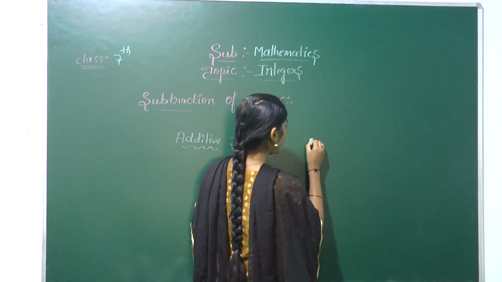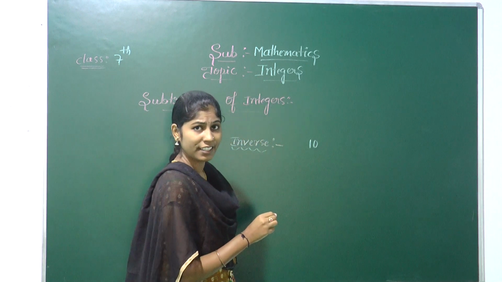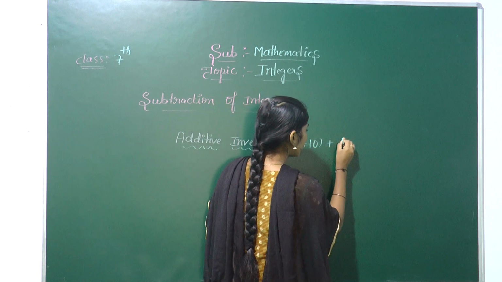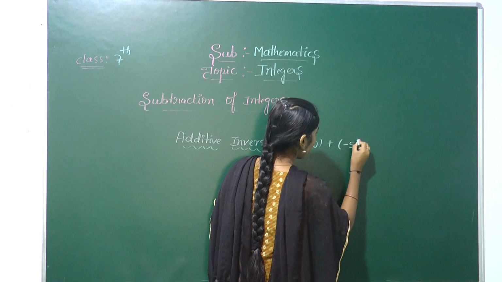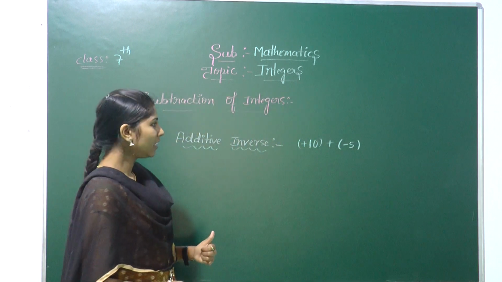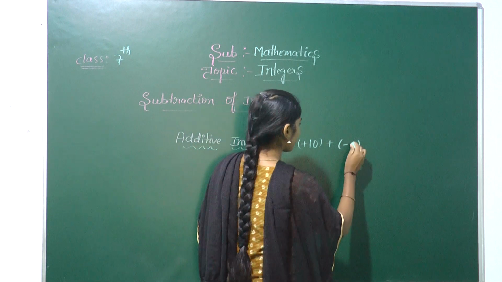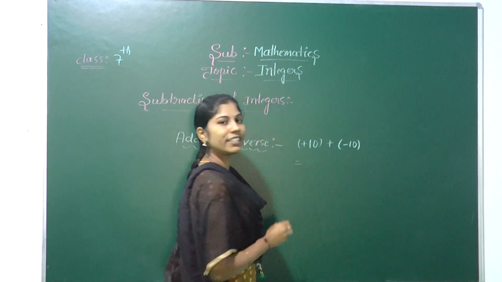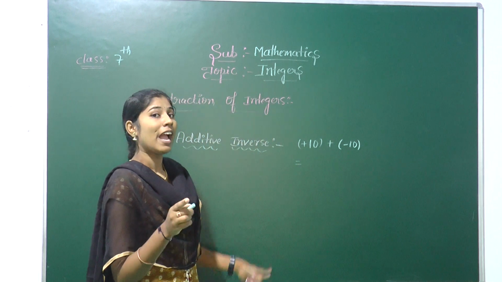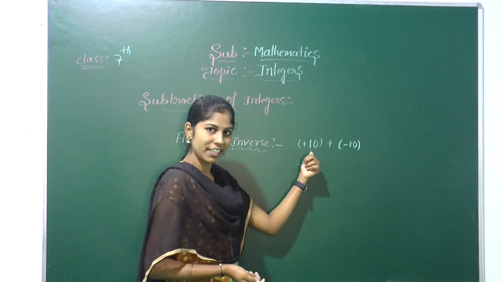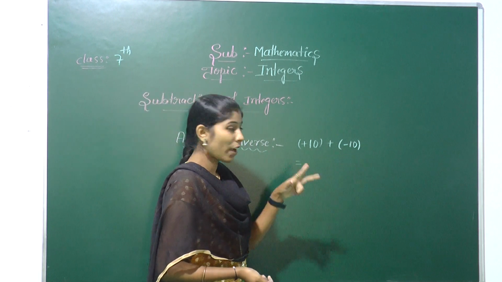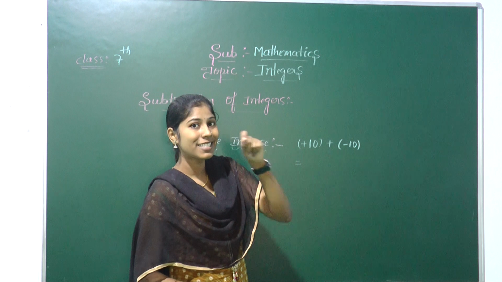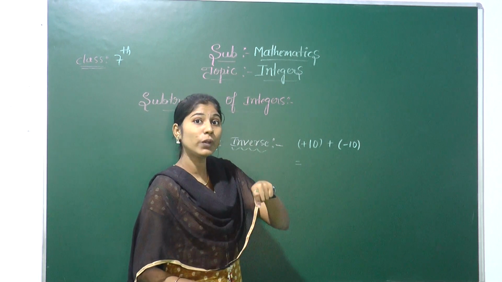Example, if you are adding two integers here, plus 10 and minus 10, as you know the rule, when one is a positive integer and one is a negative integer and you add them, if you get the sum as 0, those are called additive inverses.